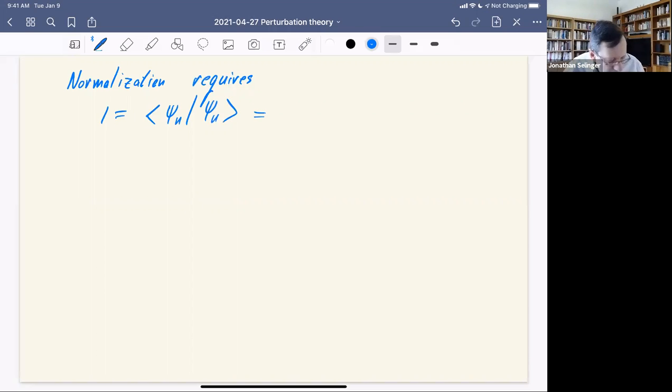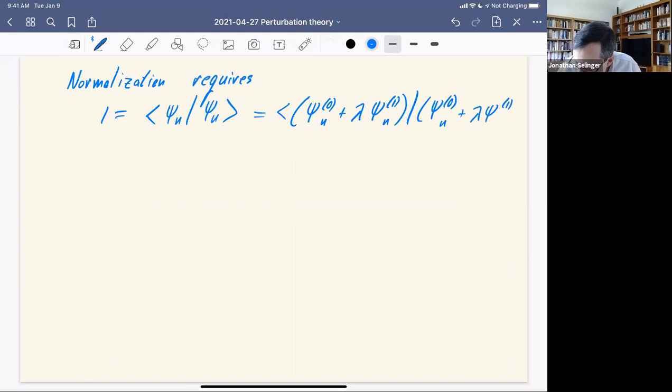This inner product, that's the inner product of the psi 0n plus the correction, lambda psi 1n, with psi 0n plus lambda psi 1n. And really, I should say plus dot dot dot, the higher order things also.